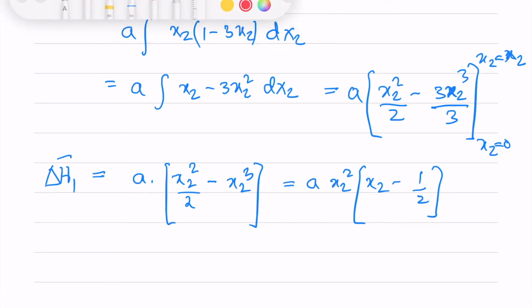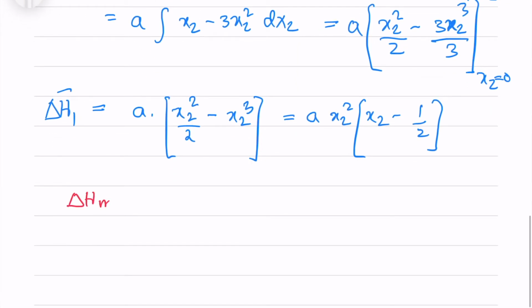Now I go to delta H mix equals x1 into delta H1 bar plus x2 into delta H2 bar.